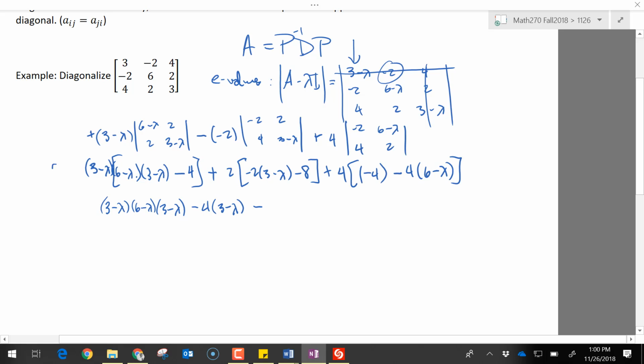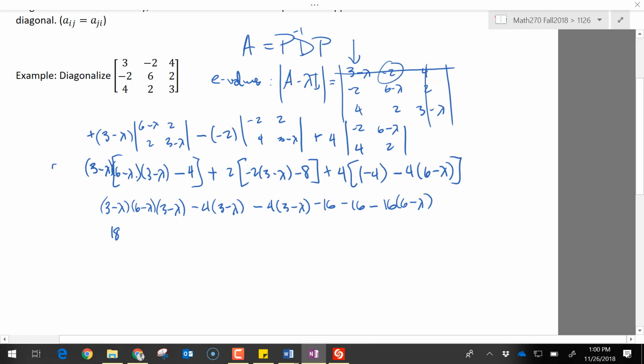And 2 times negative 2 is negative 4, times 3 minus lambda. 2 times negative 8 is negative 16. 4 times negative 4 is negative 16. Minus 16 times 6 minus lambda. Boy, it's a lot. So let's FOIL.